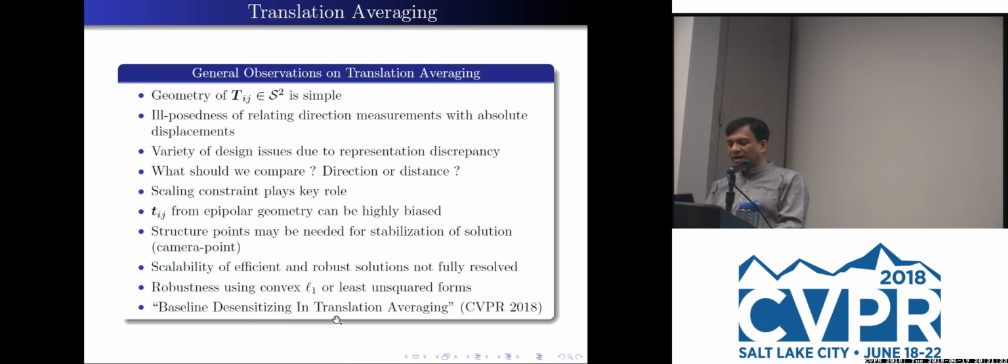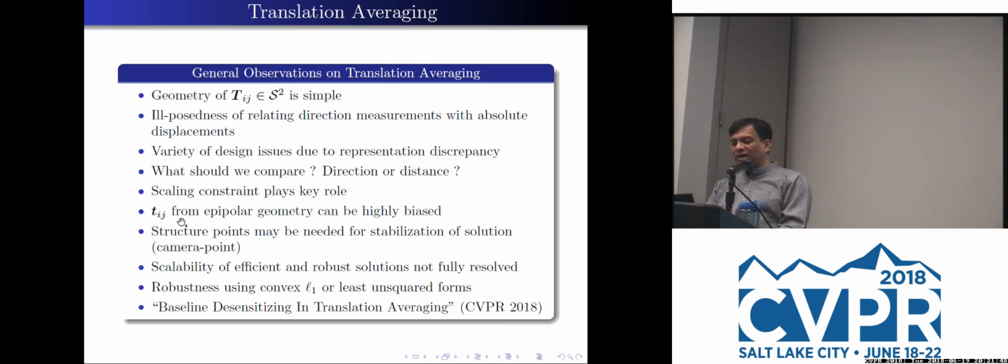I don't know which day of the conference, CVPR 2018. In essence, the geometry of heading directions is very simple, but because of this lack of the scale that you're unable to observe, you have all kinds of issues and headaches that you have to deal with. So the question is, what should you compare? Should it be direction or distance?